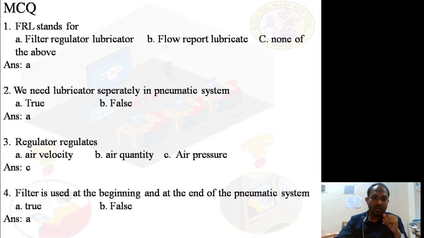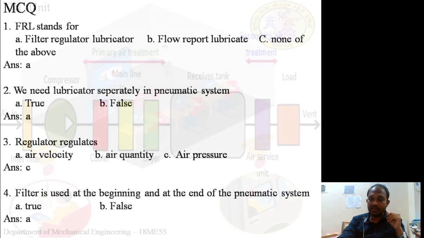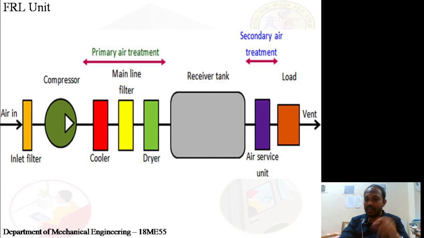So the statement that a filter is kept at the end of the pneumatic system is false. That means at this vent portion we are not keeping any filter. The air being released from the actuator is not filtered; it is just left to the atmosphere as it is.